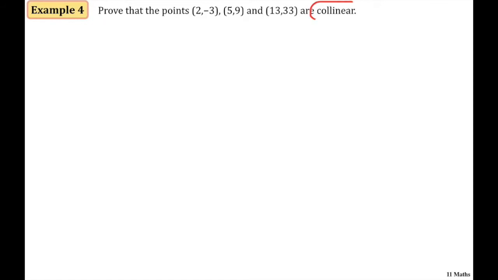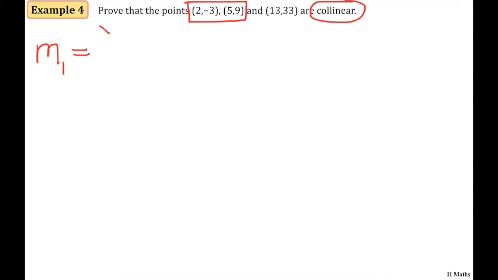Well, I've got 3 points there, so what I'm going to do is find the gradient of the line that joins the first 2 points together. So let's call that gradient 1.